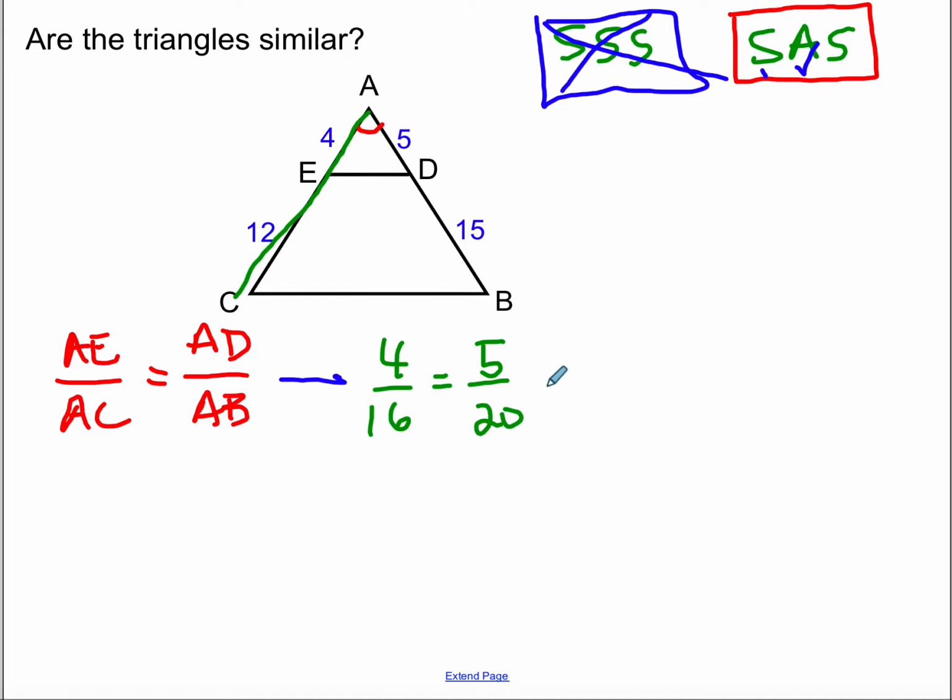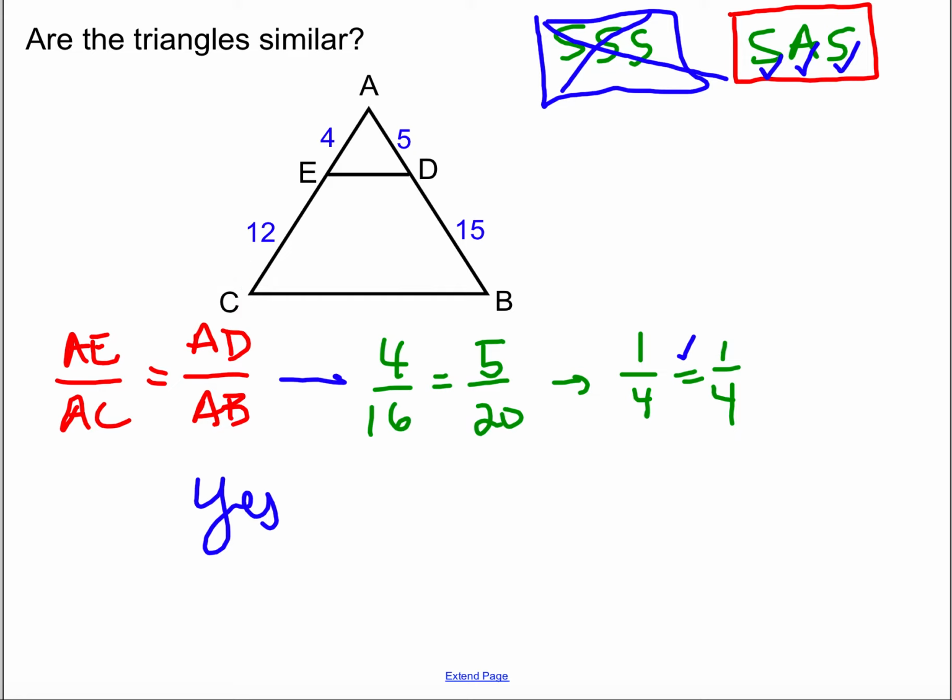Let's see what both of these reduce to. 4 over 16 reduces to 1 over 4, and 5 over 20 reduces to 1 over 4. So look at that. Those sides are proportional, and that means by SAS similarity, we can say yes, these two triangles are similar.